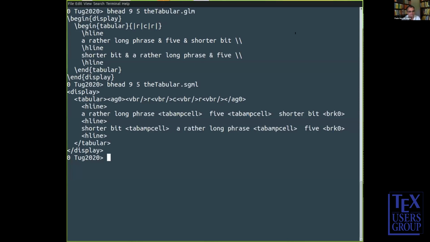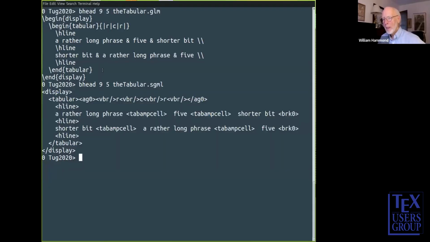All right, so here we have classical LaTeX tabular, and this is actually the SGML that, by use only of syntactic translation, flows from this markup.